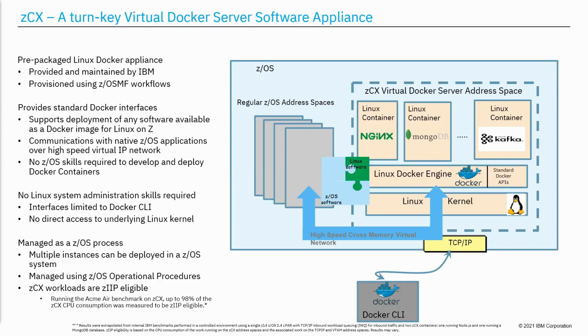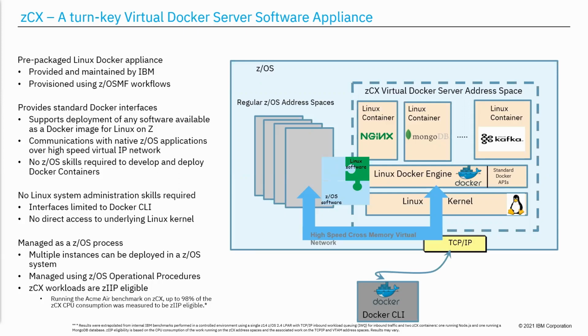The Linux application doesn't even know it's running on z/OS, but this high-speed network allows any networking flows it needs to make to go over the absolute fastest possible connection, bypassing layers of the TCP/IP stack, as well as not going in on any networking card, for example, and all being close to 100% zIIP eligible. And so this is really, really cool technology that we have here.